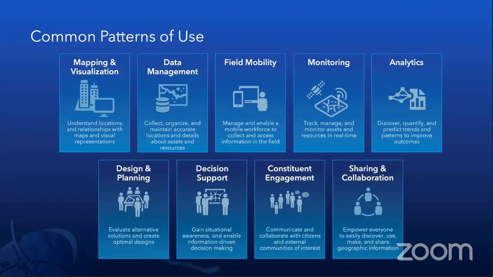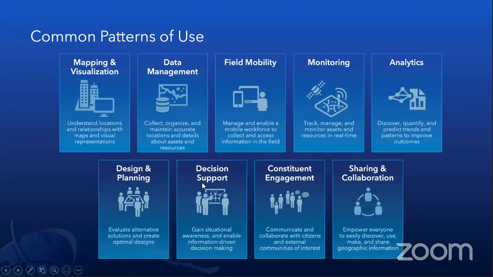Some organizations may also require GIS in their field operations to collect and access information in the field. GIS may be used to monitor assets in real time for analytics by discovering, quantifying, and predicting trends and patterns. Also, for designing and planning to evaluate different scenarios.